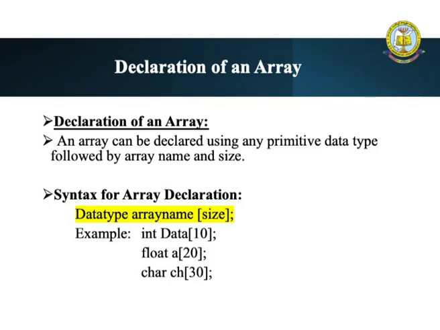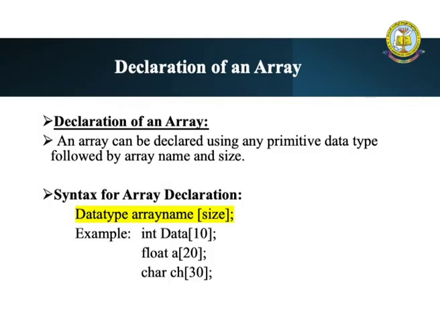So, this is important, I will repeat again. The array can be declared using any primitive data type, followed by the array name given by the user and the size of the array.